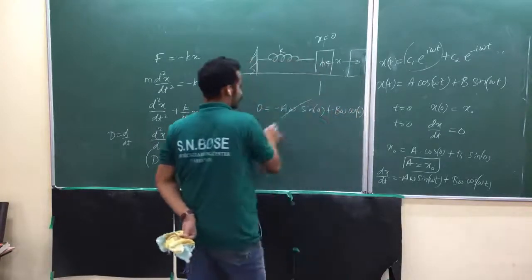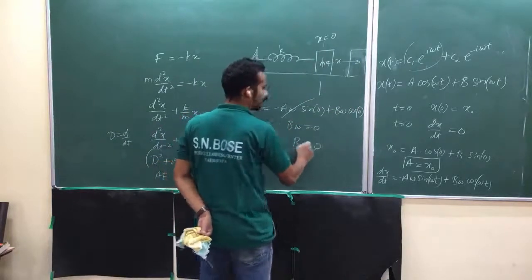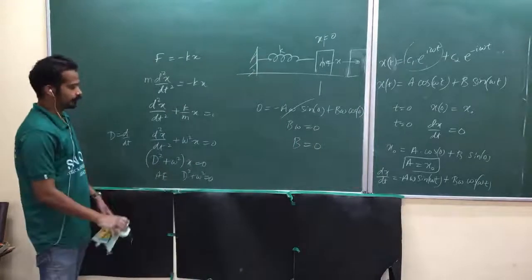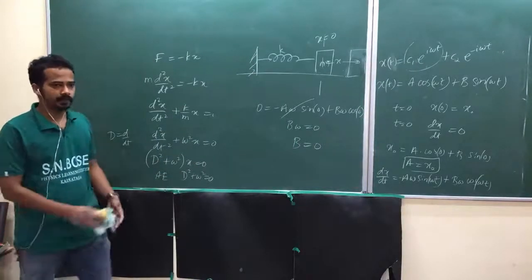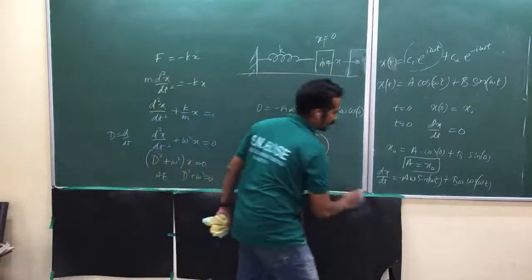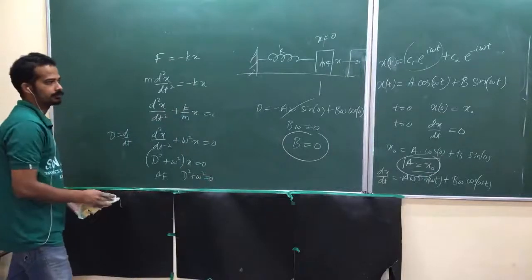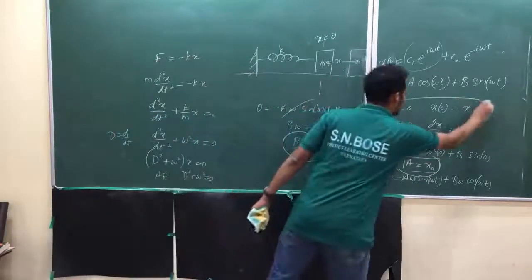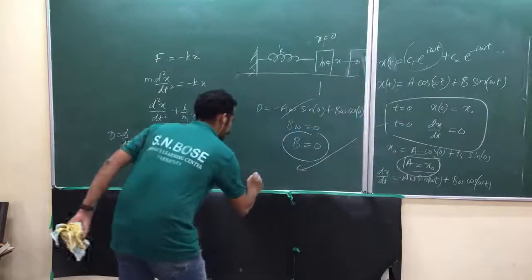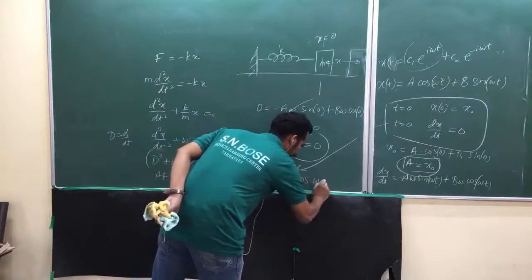Cos 0 is 1, sin 0 is 0, so b omega is equal to 0. That means b equals 0. Omega cannot be 0; omega equals root of k by m. You got b, you got a. That means you know the complete solution, isn't it? What is the complete solution for this initial condition? x of t is equal to x naught into cos omega t.